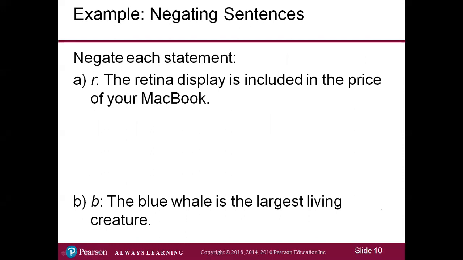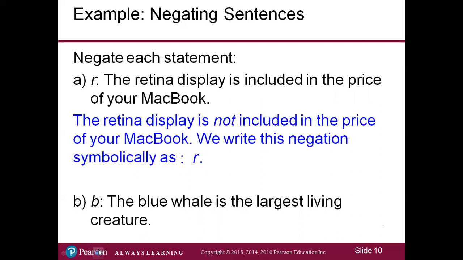Negate each statement. R is the statement: the Retina display is included in the price of your MacBook. B is the statement: the blue whale is the largest living creature. The Retina display is not included in the price of your MacBook.